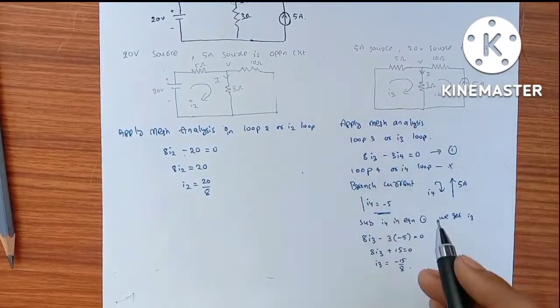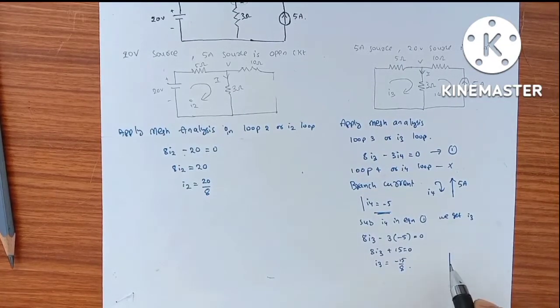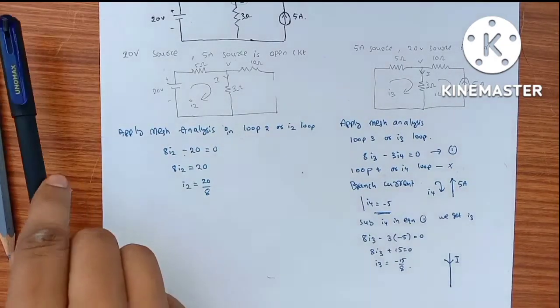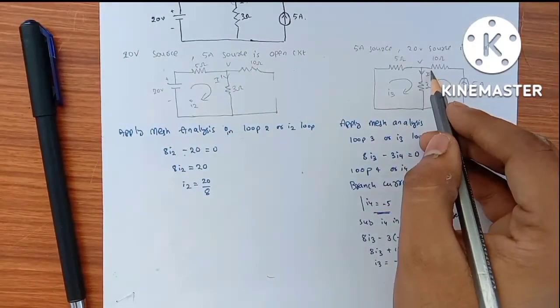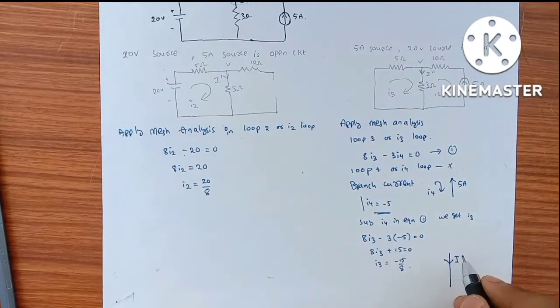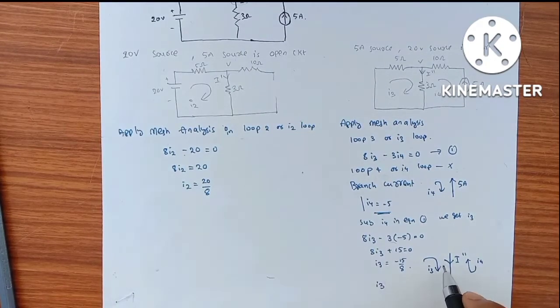Let us name the currents I dash and I double dash. Here I double dash is the current where I3 passes along the I double dash direction, and I4 passes opposite to the direction of I double dash. So I3 minus I4 equals I double dash.